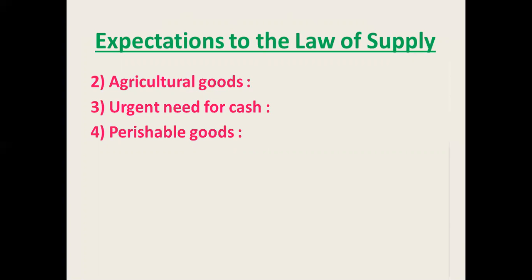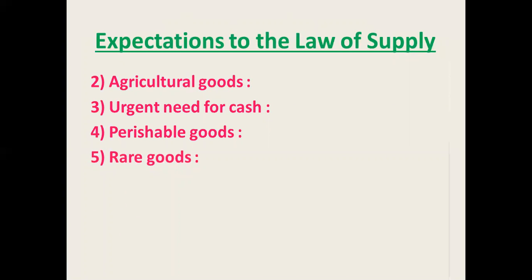That is the difference between these two commodities. So what's the main point? Even if the price falls, since we never store perishable goods for extra time, the seller will make those commodities available for sale at a lower price. So this part is not applicable to the law of supply.